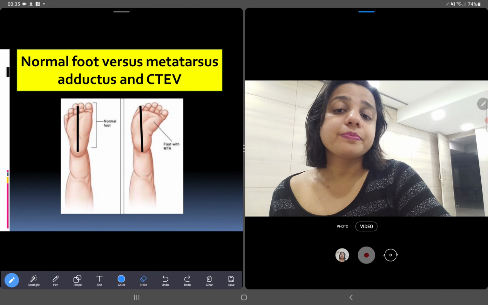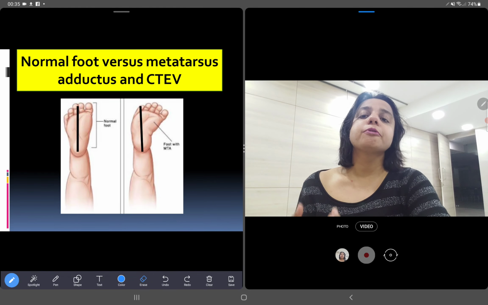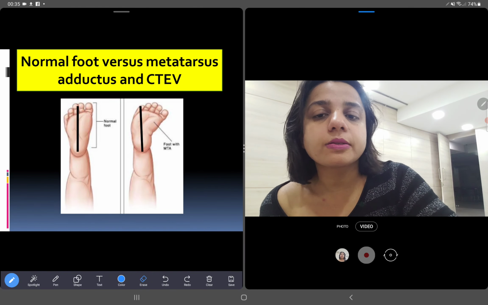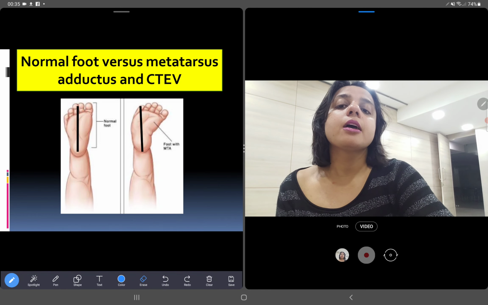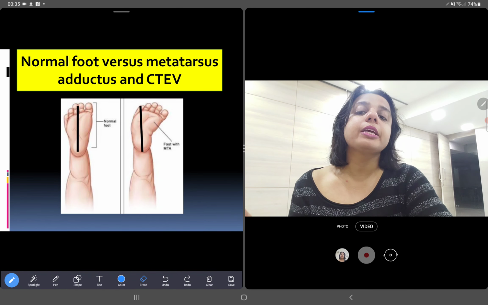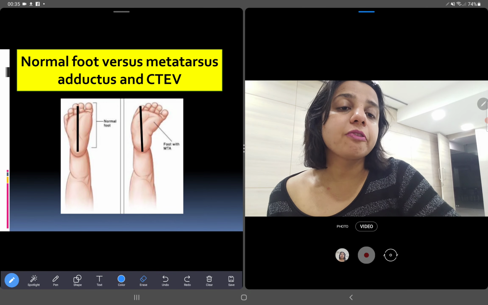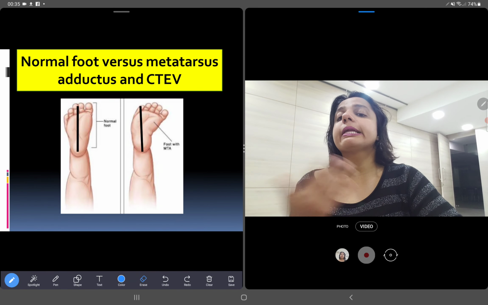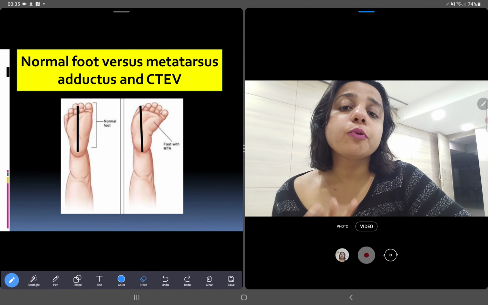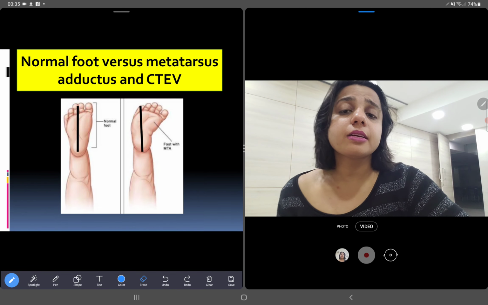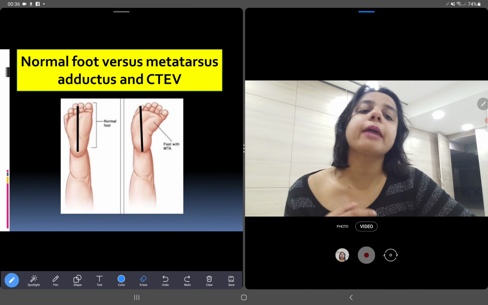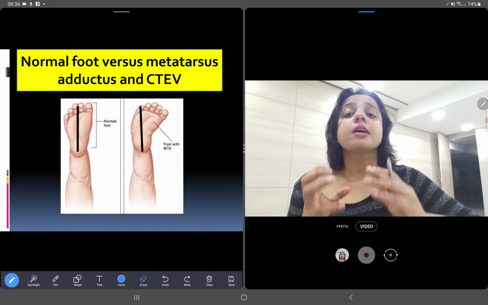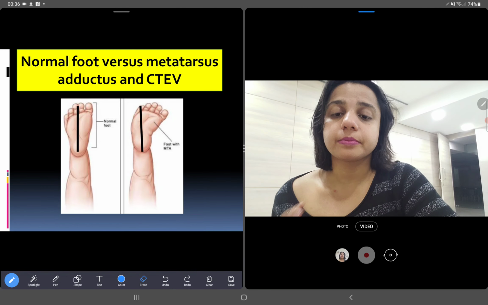But if there is a problem in the foot, that is metatarsus adductus or CTEV, it will not line up towards the second or third metatarsal, but will deviate. It points towards the fifth metatarsal, that is, more laterally. So there is some forefoot adduction that can be seen in CTEV and metatarsus adductus. It means there is a problem in the foot.